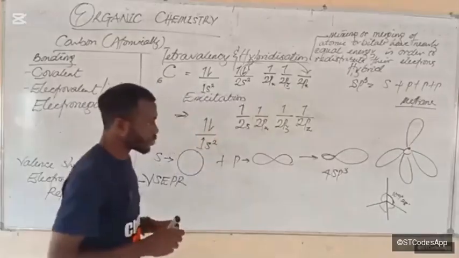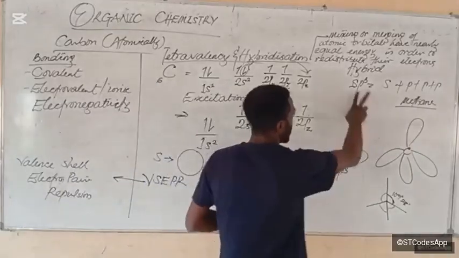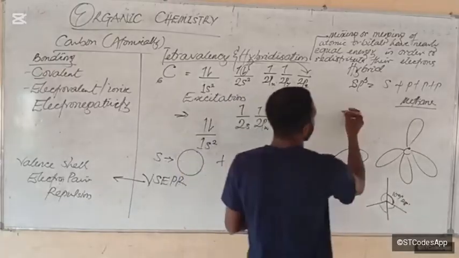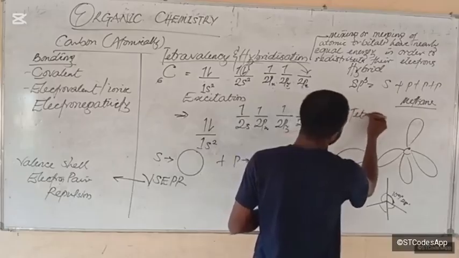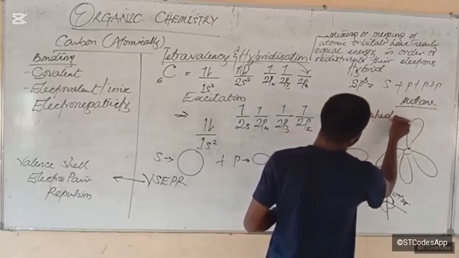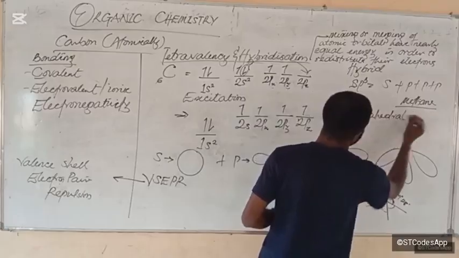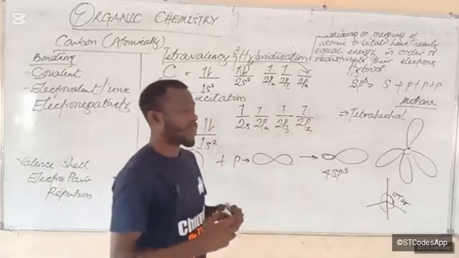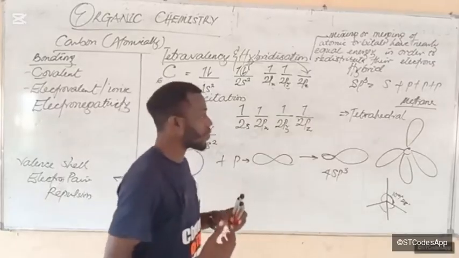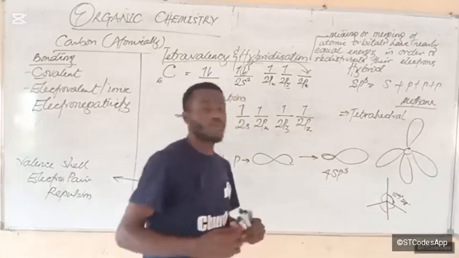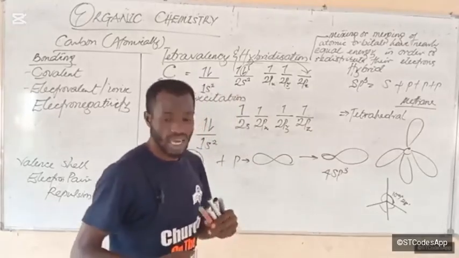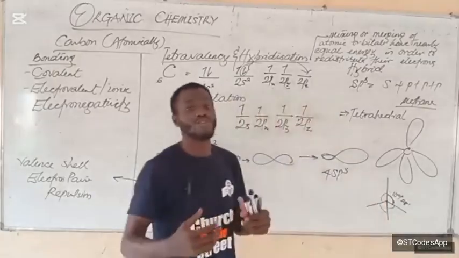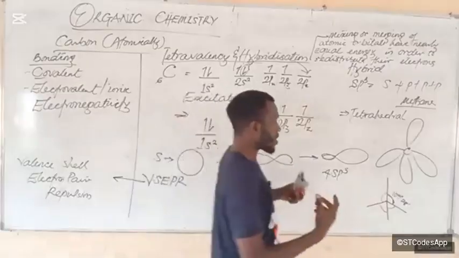So far we have said it's sp3 hybridized, and the shape formed is called a tetrahedral shape or tetrahedral geometry. Now when carbon wants to bond with hydrogen to form methane, what happens is this.